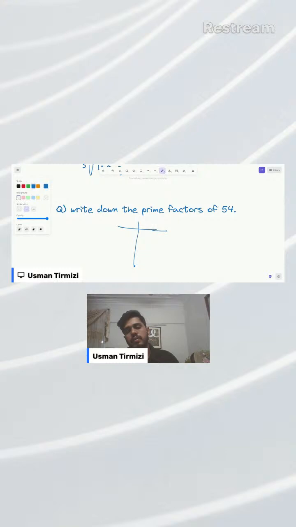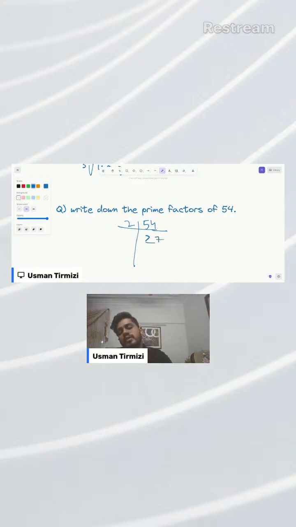We take 54, right? And then we see the smallest number which 54 can be divided with. So 54 can be divided with what? 2, right? 54 divided by 2 is 26, 27, right? So 27.